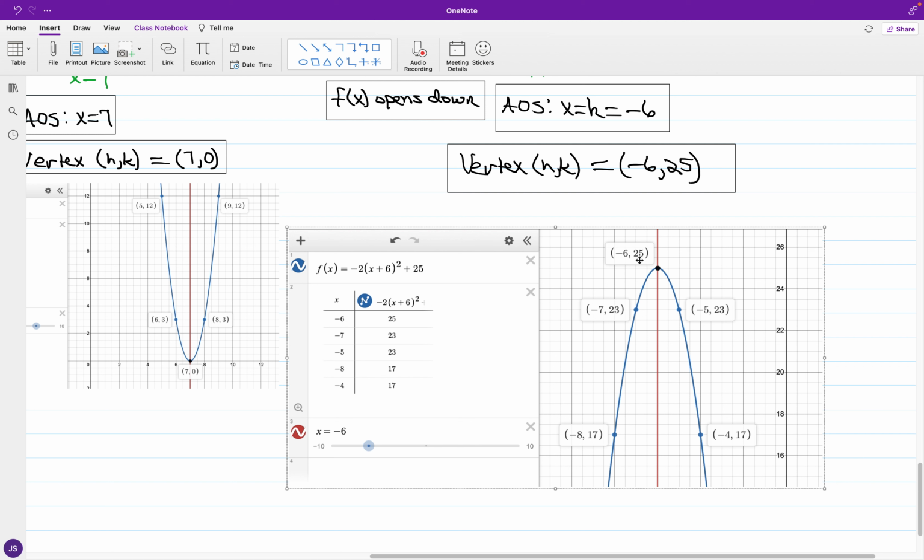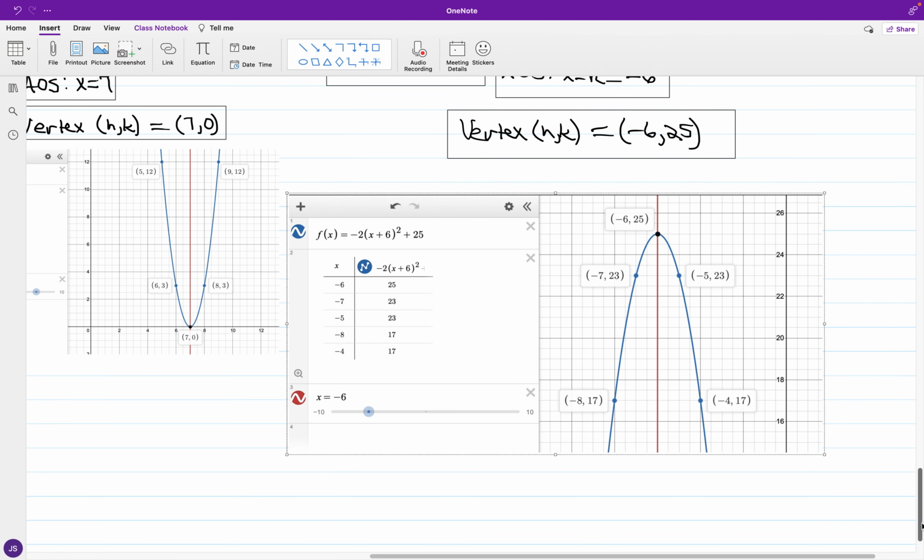And again, you have the axis of symmetry, x equal to -6, a vertical line that passes right through the vertex. And again, we have other points through which the graph is going to pass. You have like -7, 23, -5, 23, -8, 17, -4, 17, and you're going to have an infinite number of points through which the parabola is going to pass.